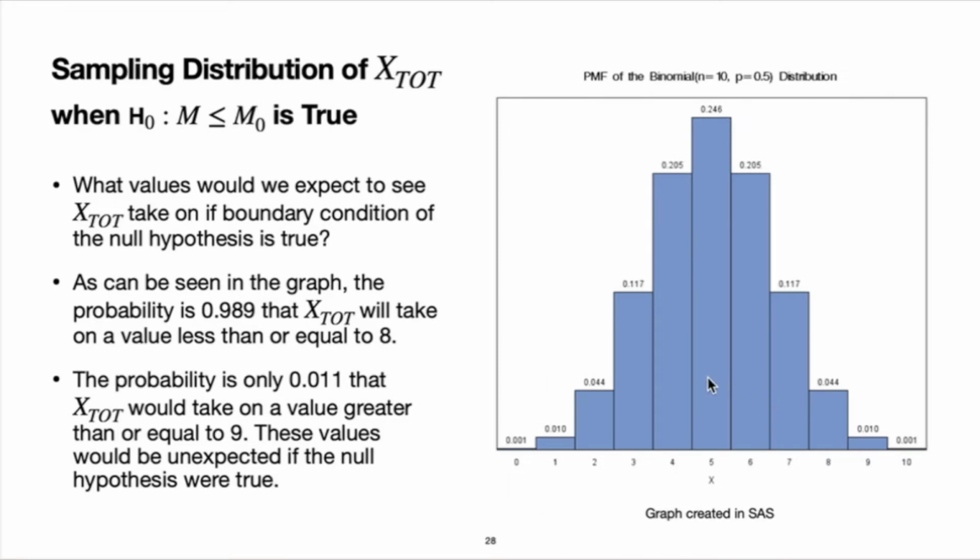So if the boundary condition of the null hypothesis is true, then there is a very high probability, in fact almost 99%, that we'll see a value of x tot less than or equal to 8. There's only a 1.1% chance, a probability of 0.011, that we would see a value of x tot being equal to 9 or 10. And so I think you would agree that x tot taking on values 9 or 10 would be very unexpected if the null hypothesis is true.